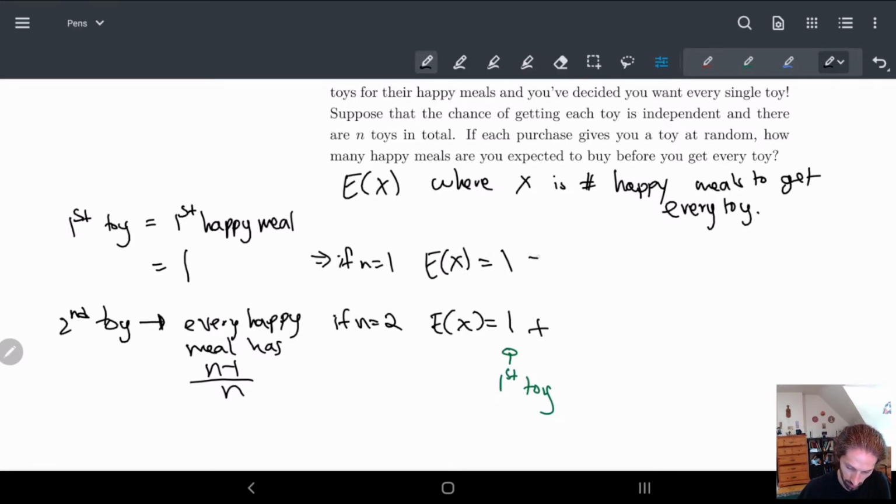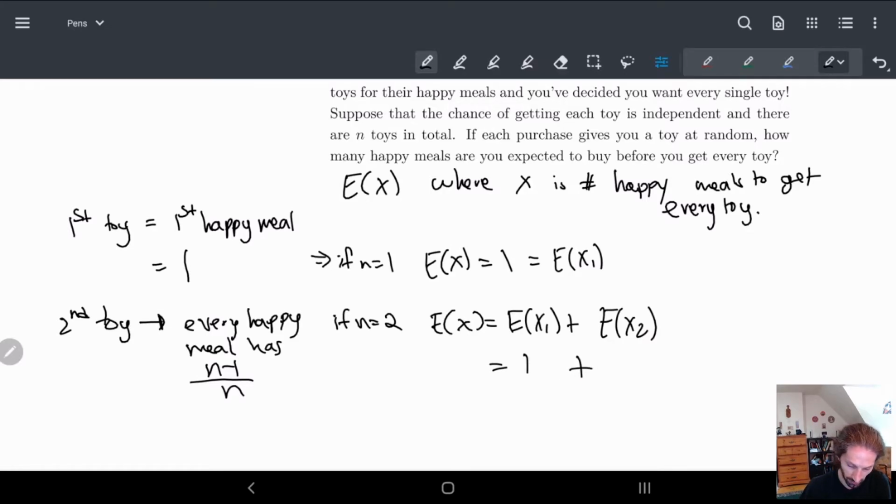So this will say is equal to E of X1, plus the expected value of getting the second toy. First toy, this is equal to 1.